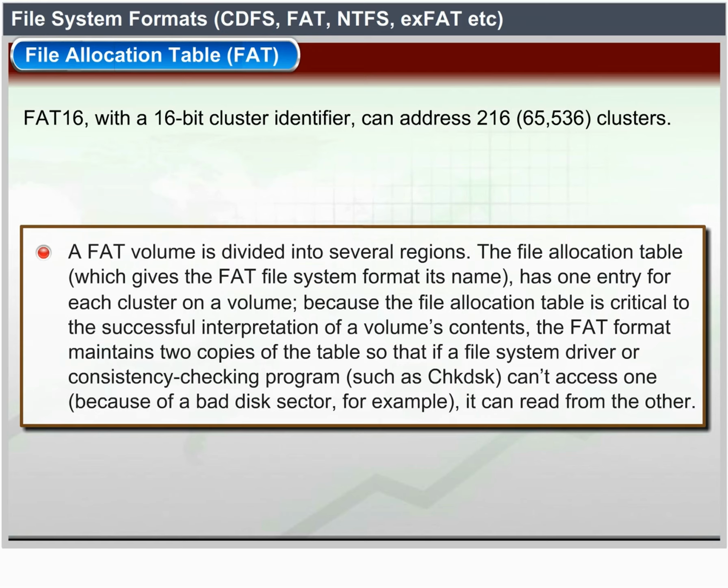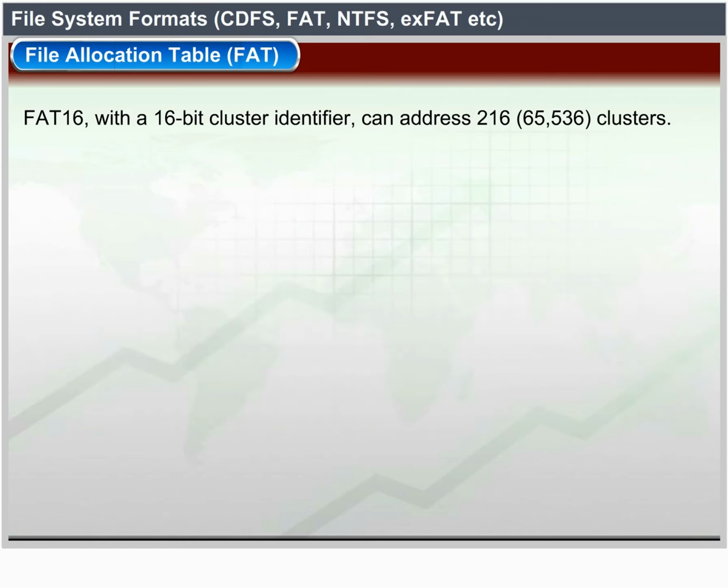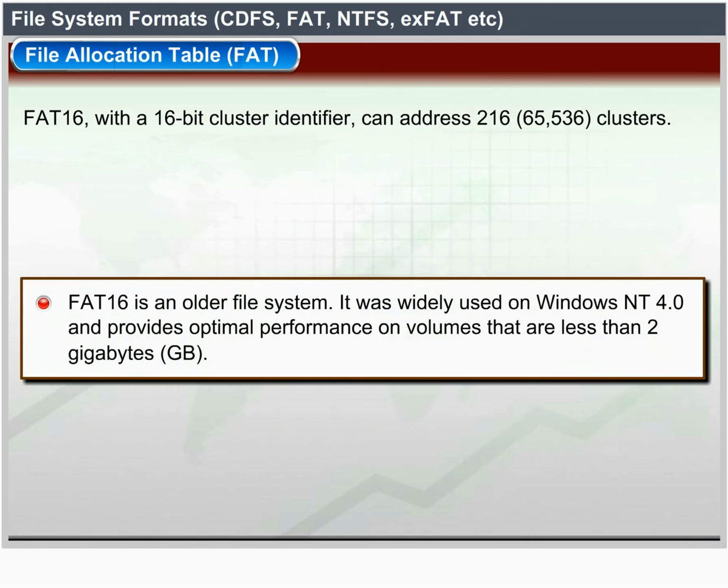FAT16 is an older file system. It was widely used on Windows NT 4.0 and provides optimal performance on volumes that are less than 2 GB.